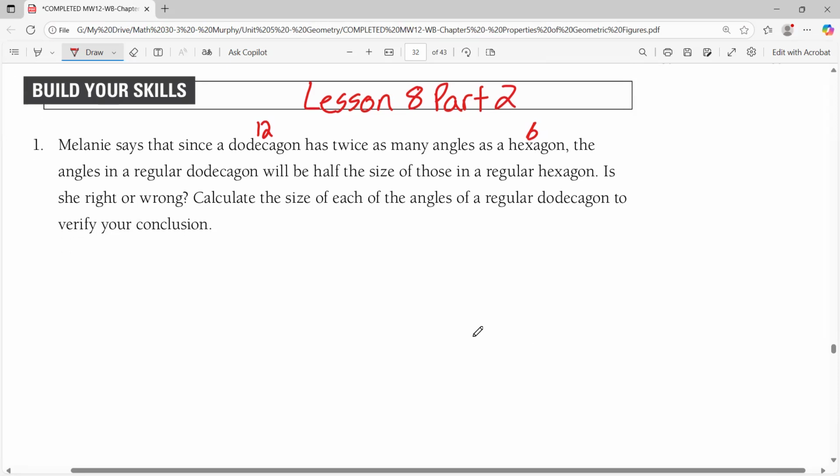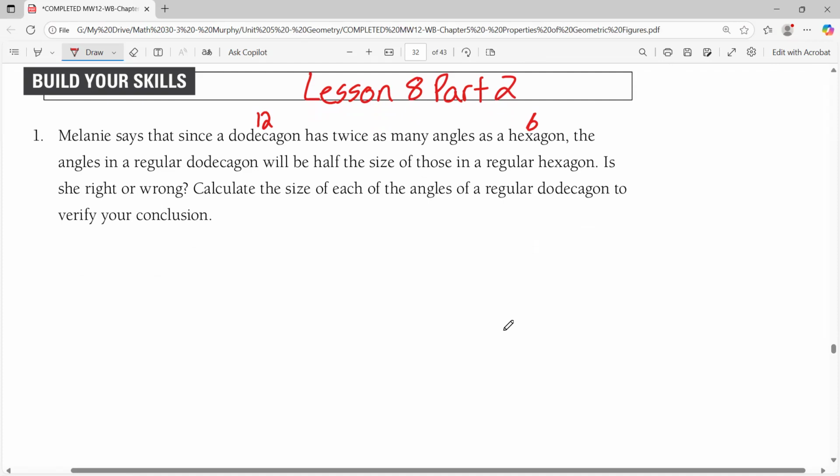Okay, so we need to figure out the size of angles in a dodecagon. So number one, we should find the total or the sum. So I'm going to replace sum with total, and I'm using the equation from the last lesson. So go 180 times n minus 2.